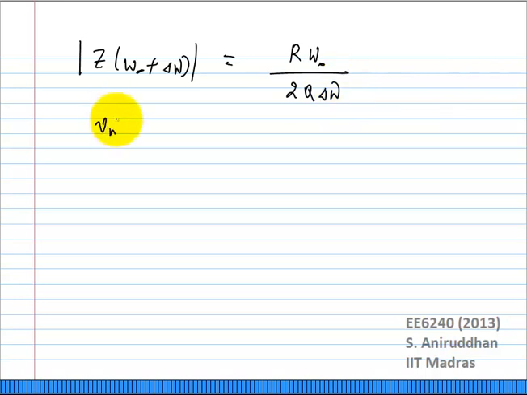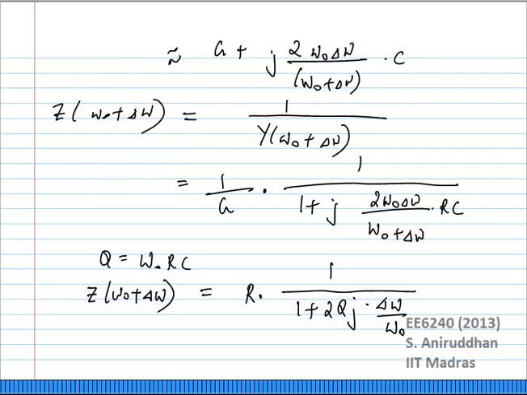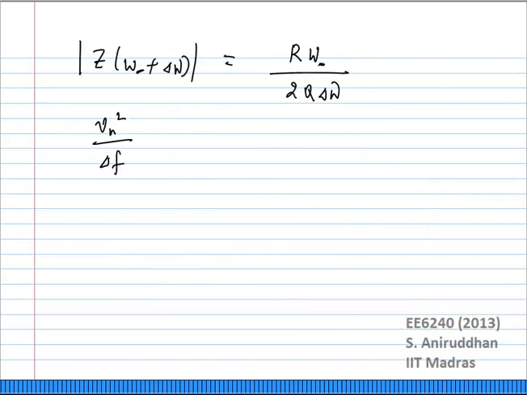If you look at Vn squared over delta f, now I have made one approximation here when I move from here to there. The approximation is that the Q is sufficiently large. Only then can the magnitude be written in this single form. So Vn squared by delta f should be In squared by delta f times mod Z squared.